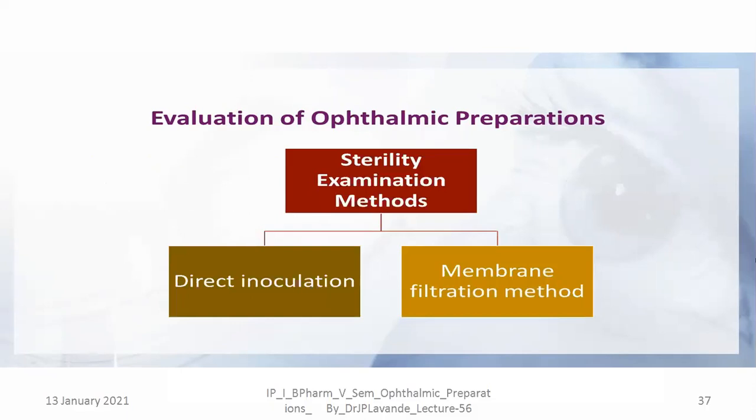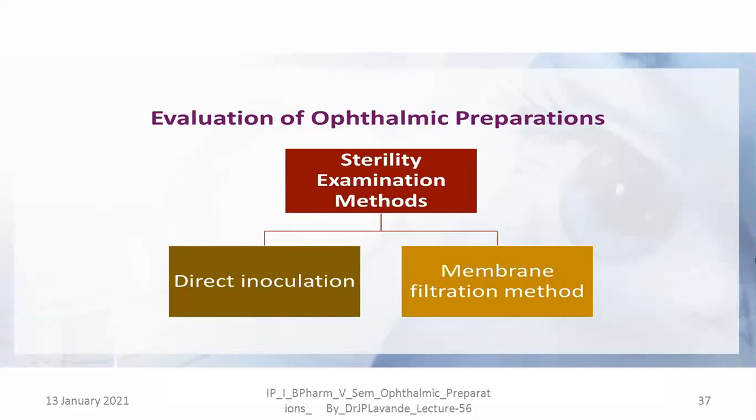Then as far as how this method is to be performed, it is performed either by direct inoculation or by the membrane filtration method. In case of direct inoculation, from the name itself you can draw a conclusion that there is an inoculation of the sample onto the medium.